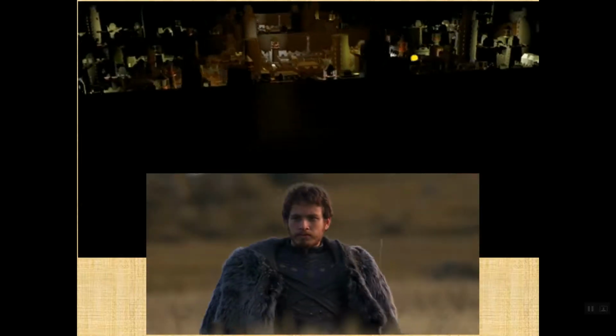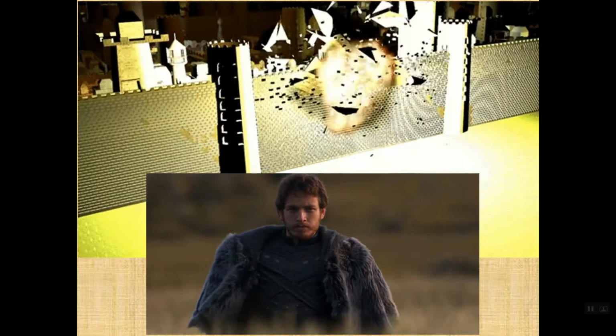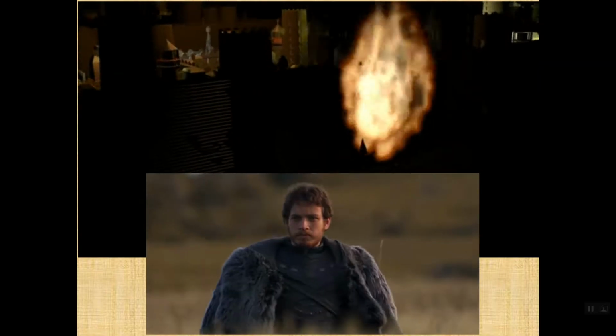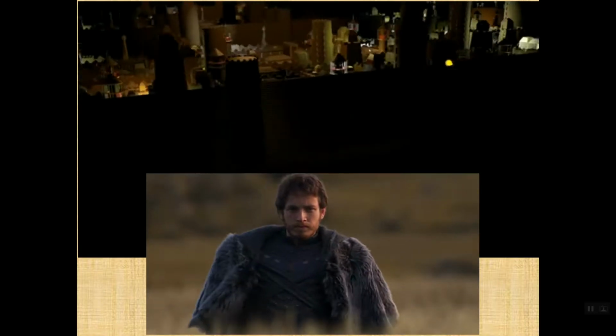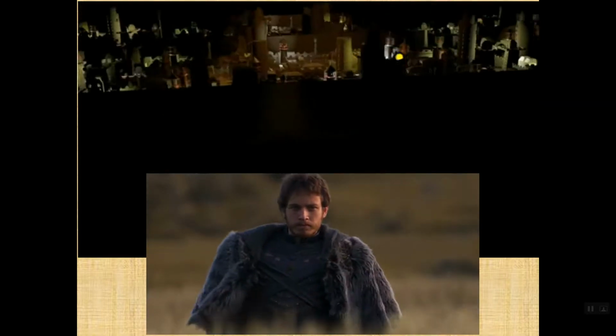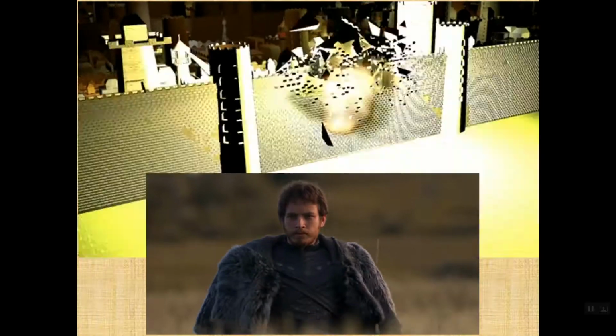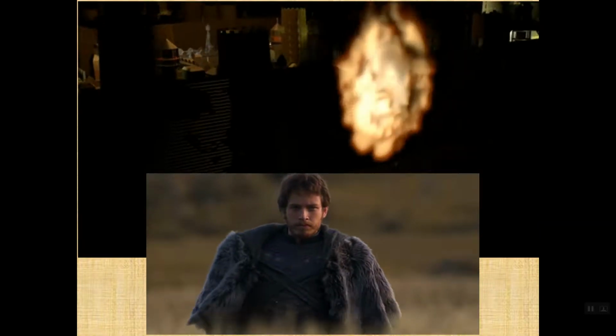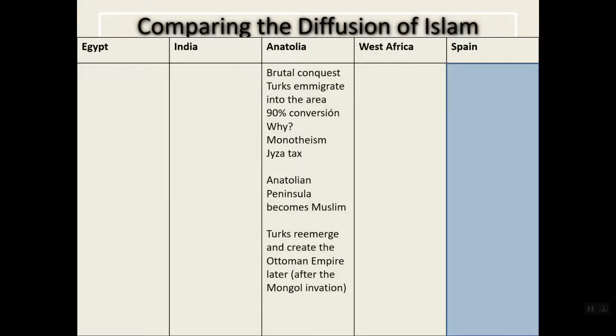And the Ottomans, or the same Turks, create the Ottoman Empire, who then completely destroys, by 1450, the Byzantine Empire by taking over Constantinople. The Anatolia Peninsula becomes fully Muslim, and the Turks emerge later on. To this day, the Anatolian Peninsula, called Turkey, is mostly people of Turkish background.